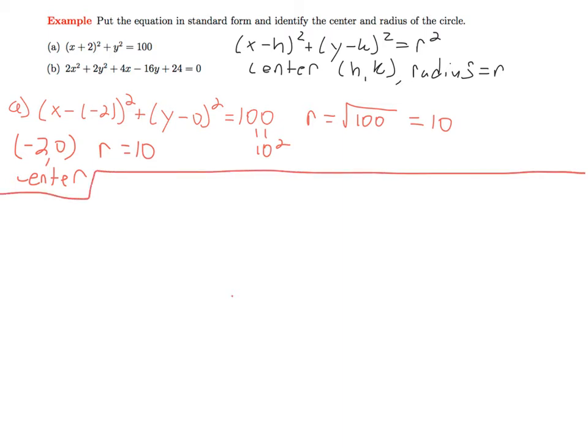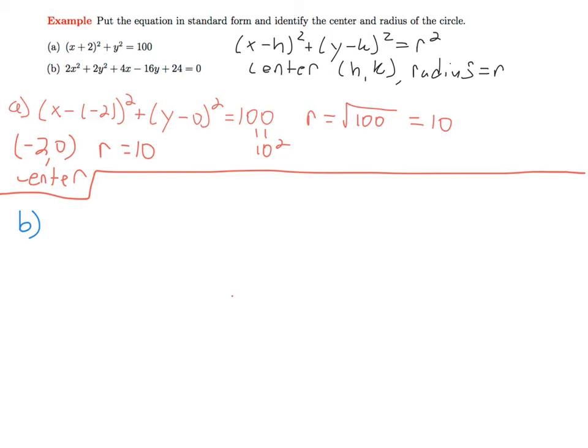In part B, we're going to have a little bit of work to do here, since this is a bit further off from being in the standard form. So when we write the circle in standard form, notice that we have x's, y's, and constants. These are all separated. So let's start by separating and grouping our like terms.